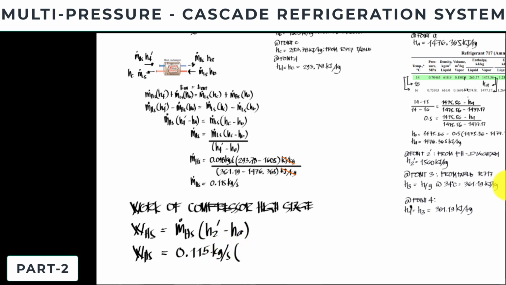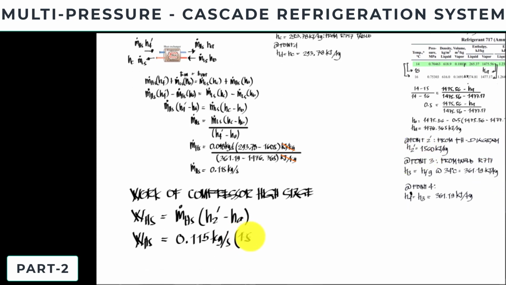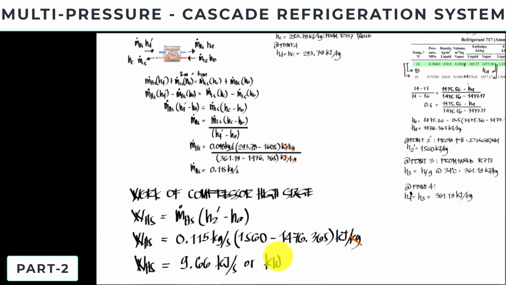Then times enthalpy 2 prime, that is equal to 1560 minus my enthalpy A, which is 1476.365. And this is kilojoule per kilogram. So, cancel ng units dito, which is yung common. We have your kilogram, no? And then, we have your work at the high stage is equal to 9.66. So, this is kilojoule per second, or say this is kilowatt.